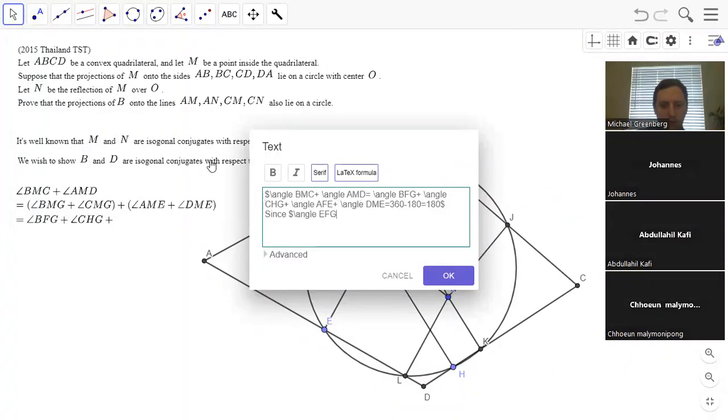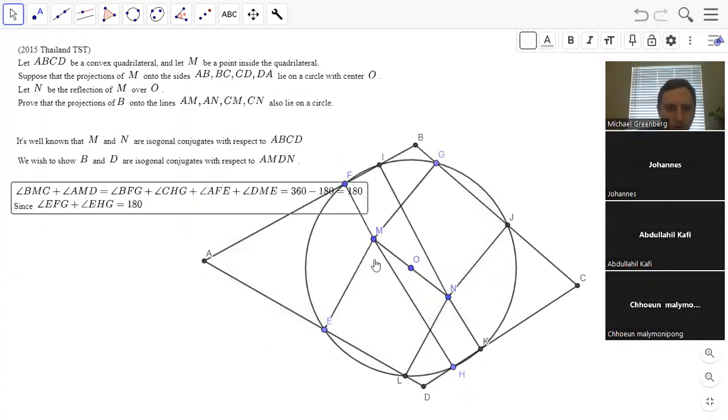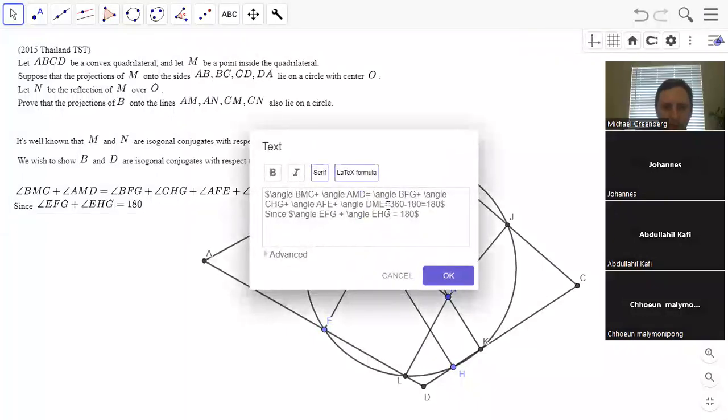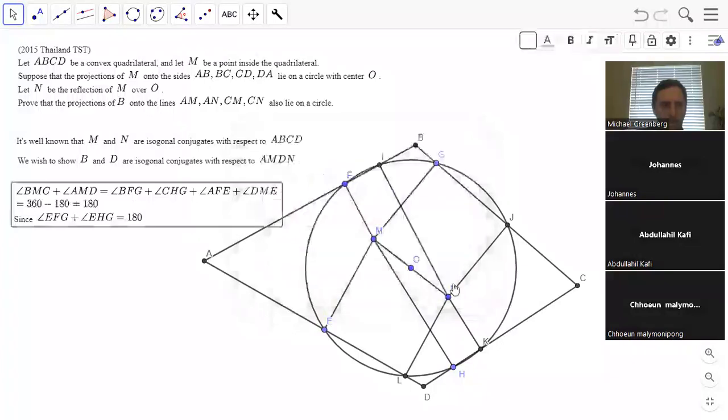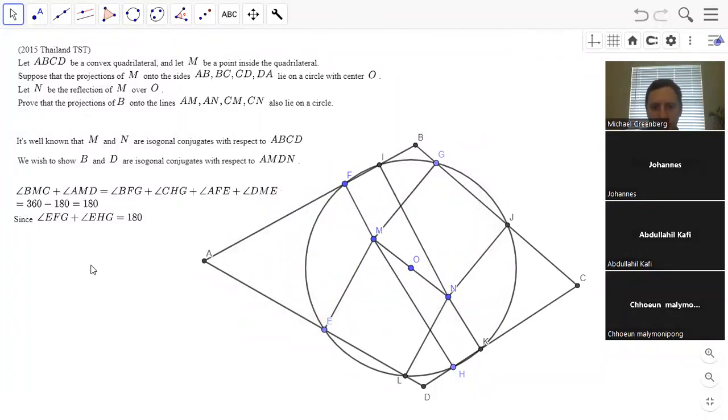Since it was 180. All right. Whoops. Let me make this a new line. So BMC plus AMD is BFG plus CHG plus AFE plus DME.